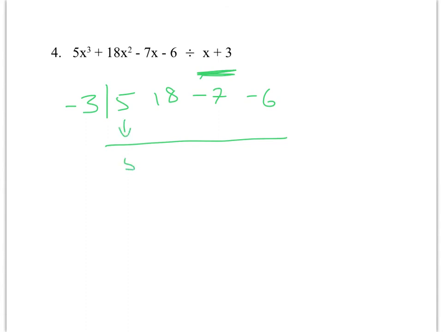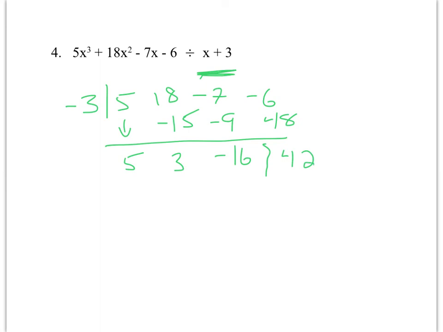Negative 3 times 5 is negative 15. 18 minus 15 is 3. Negative 3 times 3 is negative 9. Negative 7 minus 9 is negative 16. Negative 3 times negative 16 is positive 48. It looks like I have a remainder of 42.